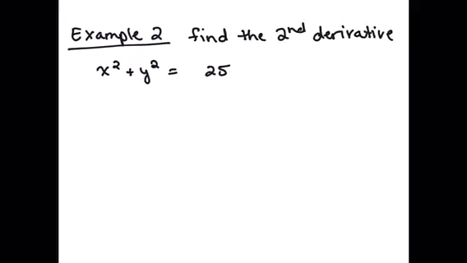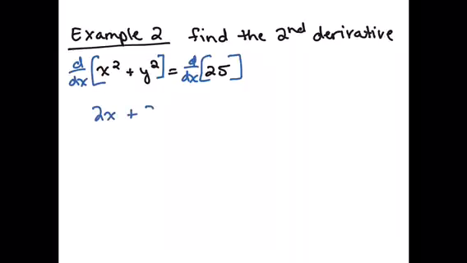Okay, we can also find higher order derivatives using implicit differentiation, and we're going to find the second derivative of this problem. I do this almost the same way we do regular differentiation, but there's going to be an extra step in the end. So we take the derivative of both sides, and on the left I get 2x plus the derivative of y squared, which would be 2y times dy/dx, equals 0.